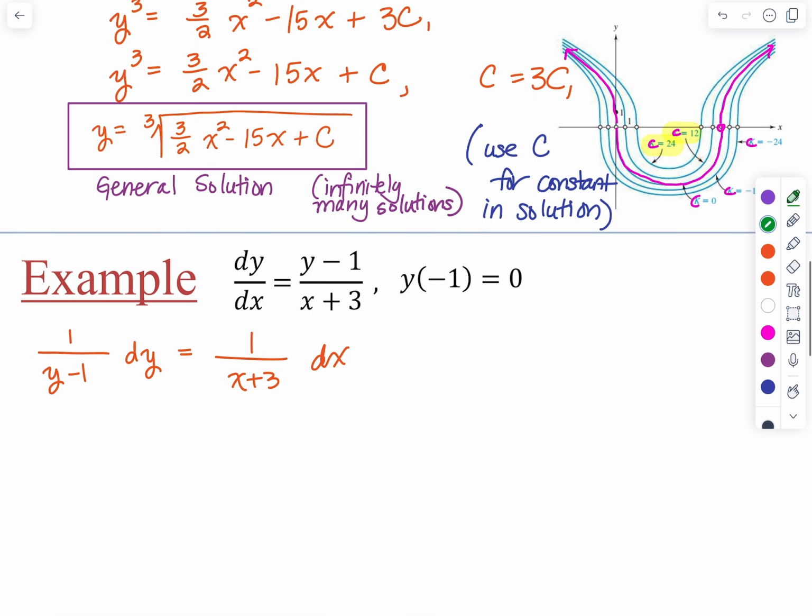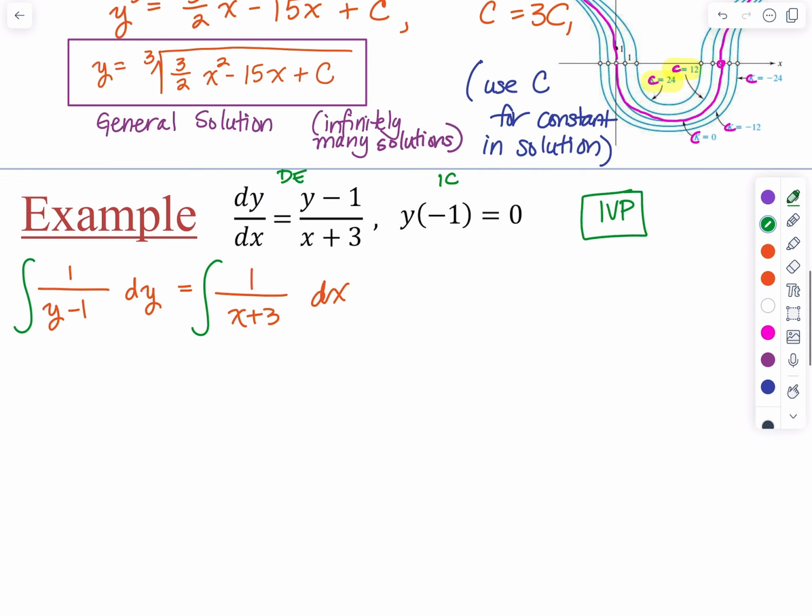Once we've separated, we can now integrate. By the way, this is an IVP. We have our DE and we have our initial condition. So when we solve this, we will come up with a particular solution instead of a general solution.